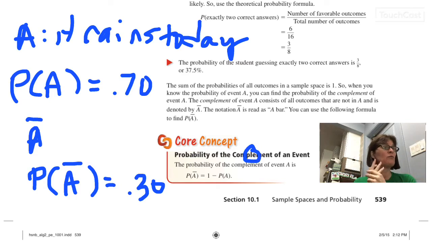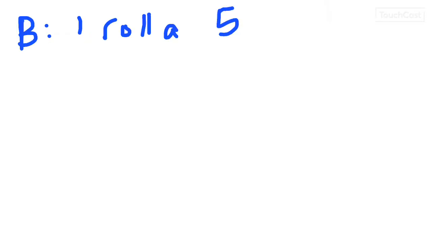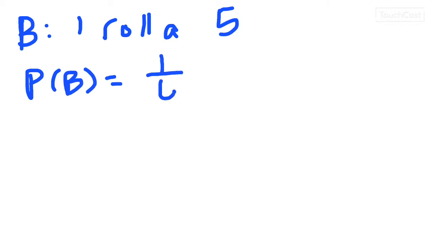For the experiment where we roll a die, we could get a 1 or a 2 or a 3 or a 4 or a 5 or a 6. And those probabilities, the probability of getting a 1 plus the probability of getting a 2 plus the probability of getting a 3, all have to add up to 1. So if I say event B is I roll a die and I roll a 5, the probability of event B, that's the one we talked about a second ago, is 1 out of 6.